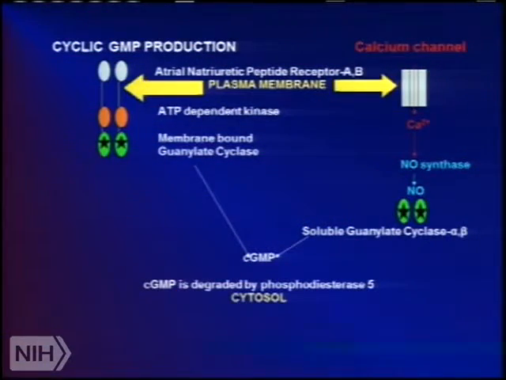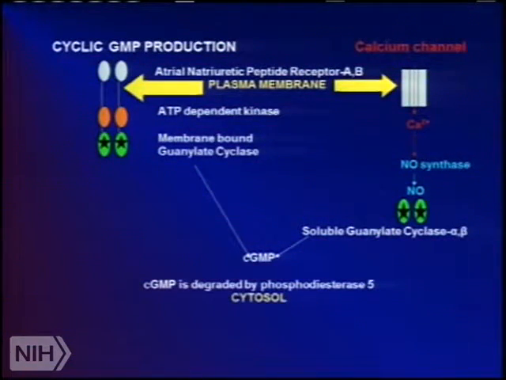The guanylate cyclase is shown in green, and the star indicates that it has an iron in it. The nitric oxide binds to the iron, causing a conformation change in the enzyme so that GTP gets metabolized to cyclic GMP.